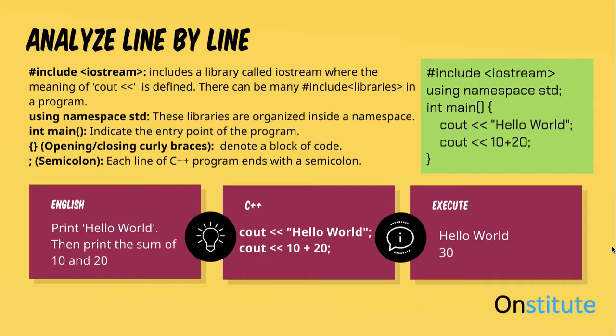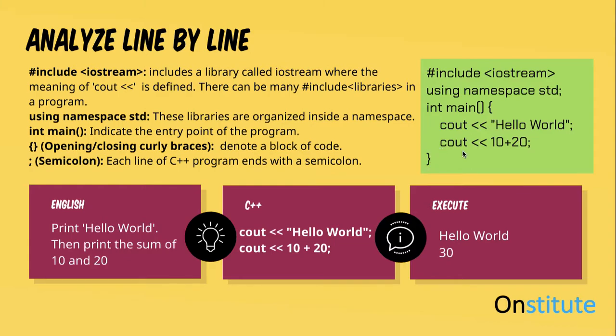Just like that, whenever you execute the program, the operating system or your computer will start looking for the main, the entry point of the program. And after it enters the program execution, it can hop over from one instruction to another instruction, one after another. These instructions are defined inside a set of opening and closing curly braces.